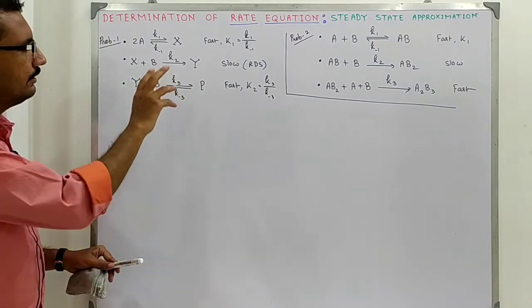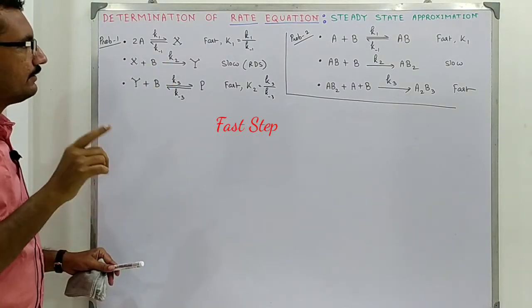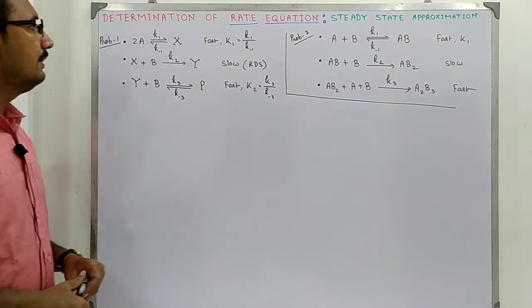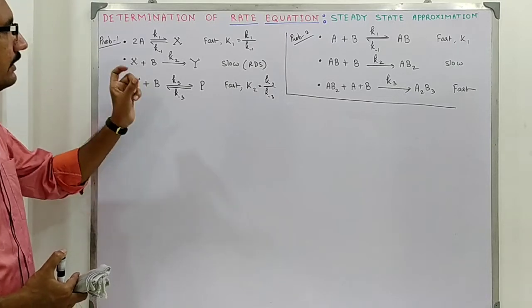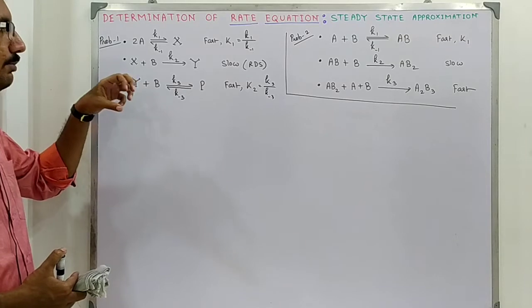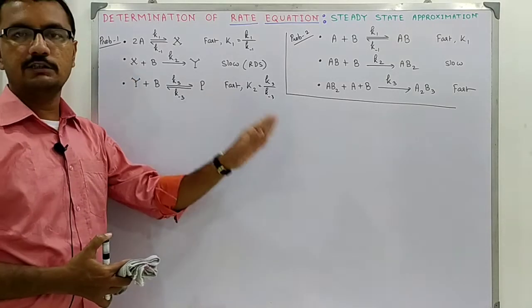So, what is the first step? The first step is associated with a very low activation energy. Low activation energy means the thermal energy present in the system is more than sufficient to make the molecules eligible for crossing the barrier.